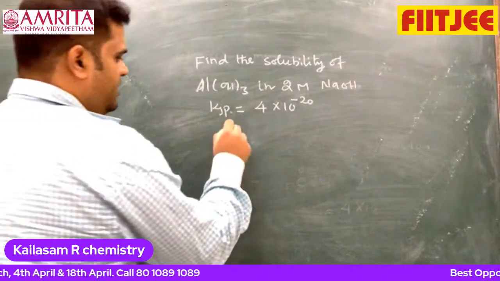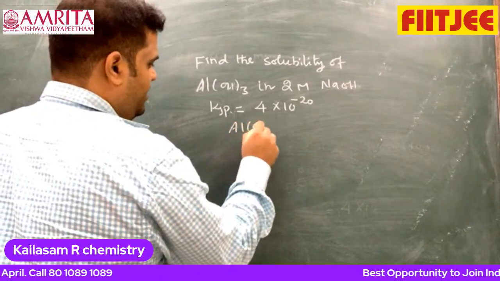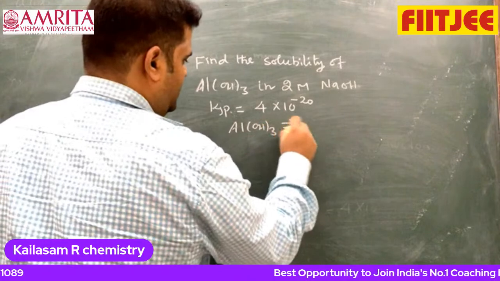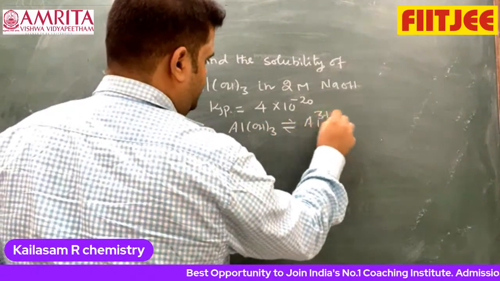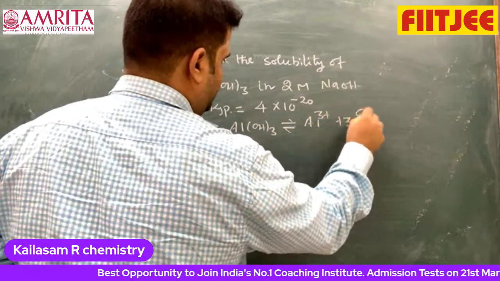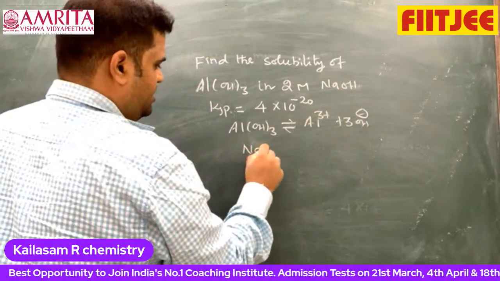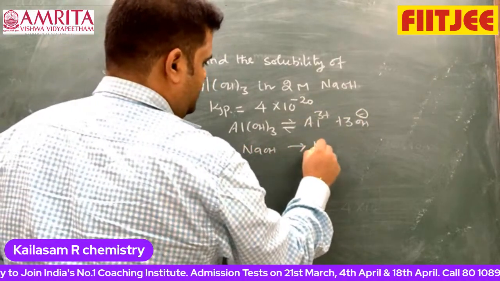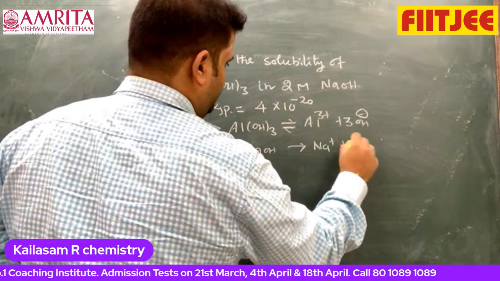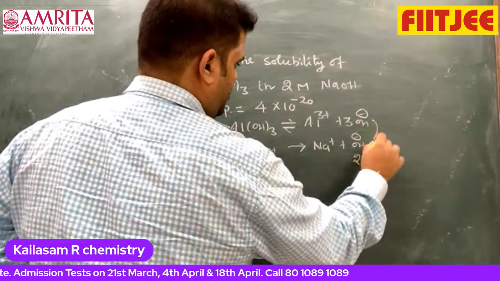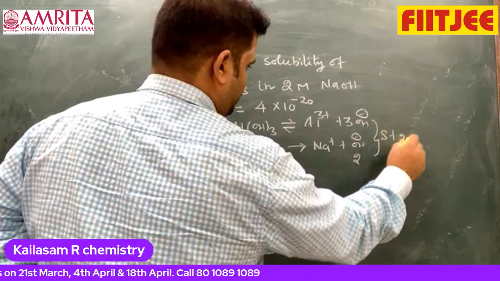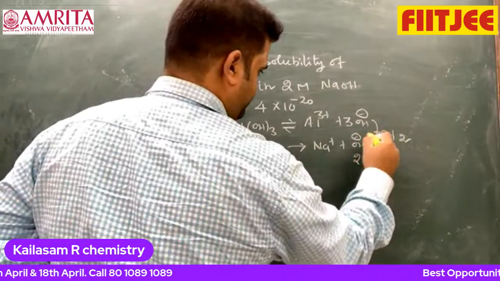Now write that Al(OH)3 gives Al3+ plus 3OH minus. Now NaOH is nothing but Na plus OH minus, which is 2. Total is 3s plus 2.